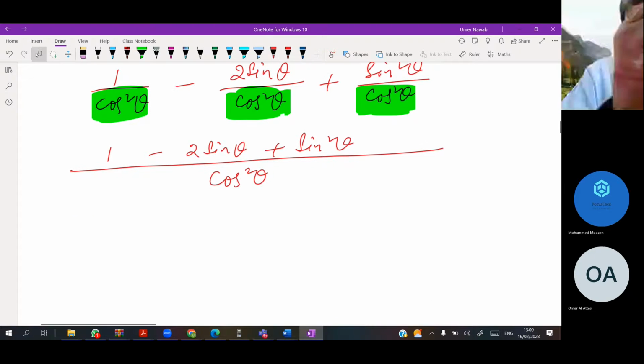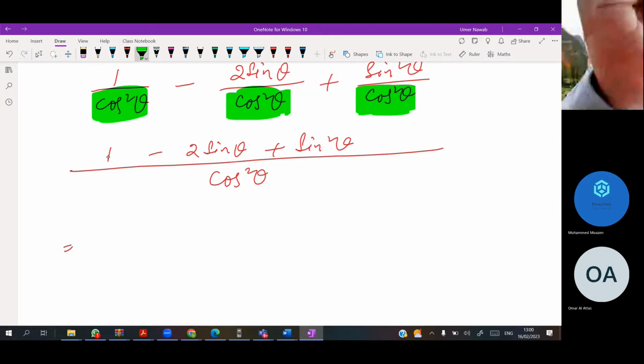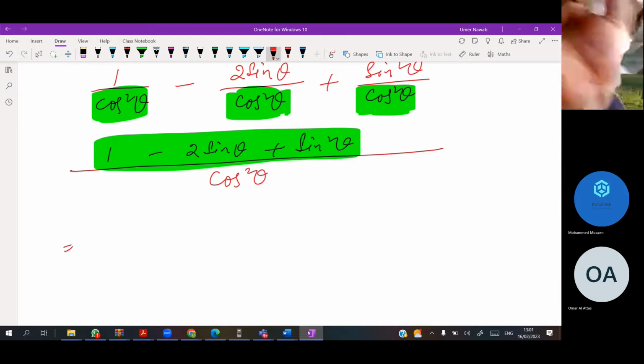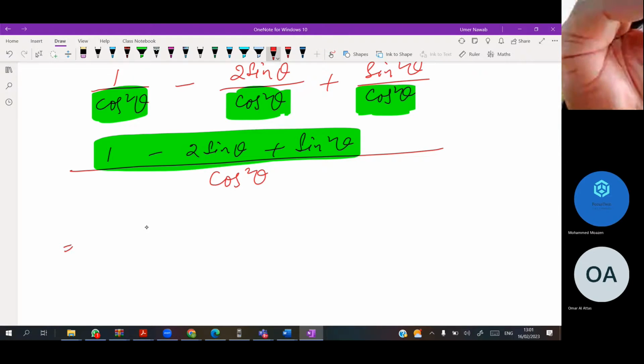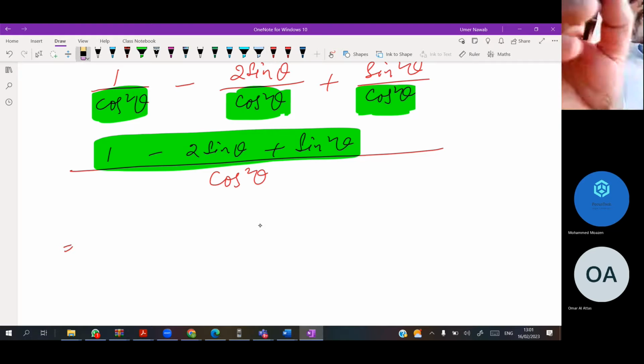Agreed? And my friends, allow Mr. Omar today. This thing is equal to, don't cry now when I write, this thing is equal to sine theta minus 1, or 1 minus sine theta whole squared.